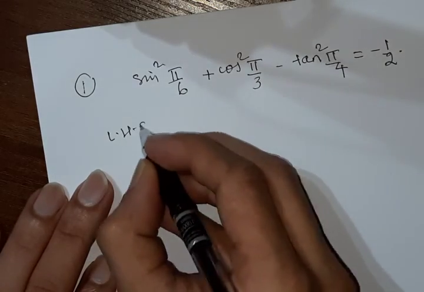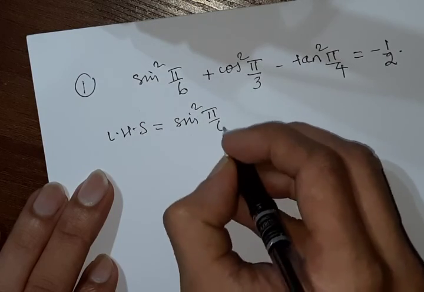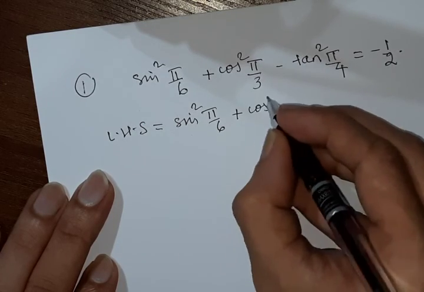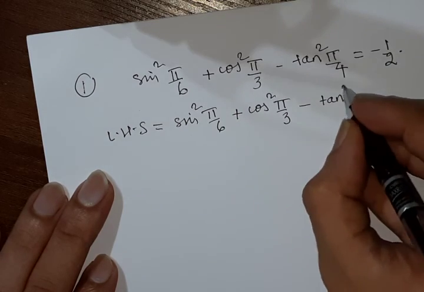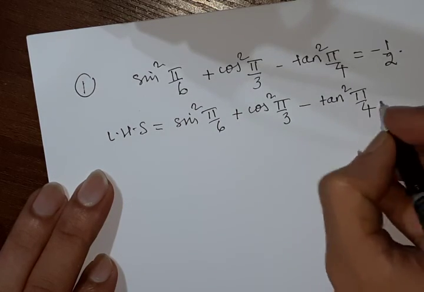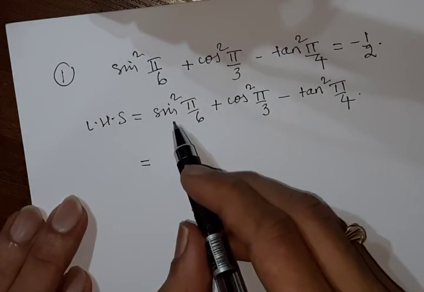So take LHS first. What is that? sin² π/6 + cos² π/3 − tan² π/4, right?